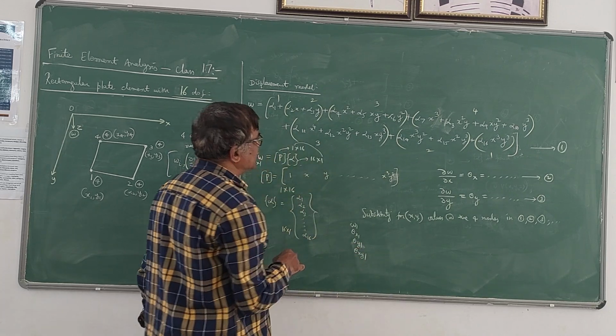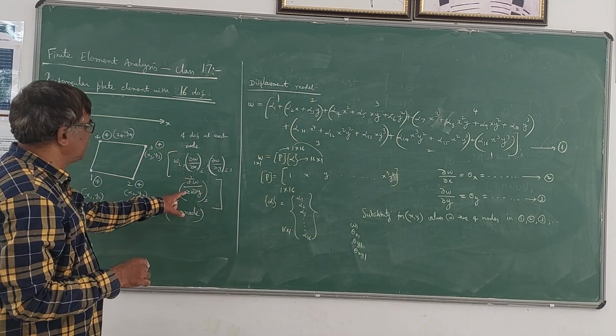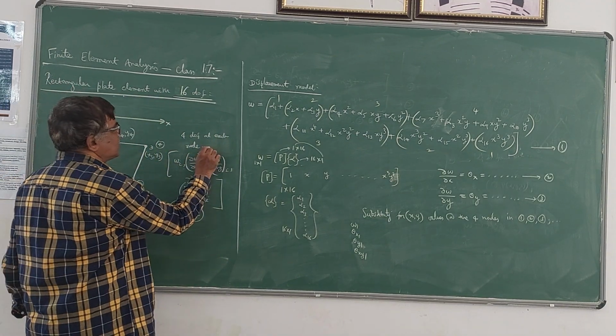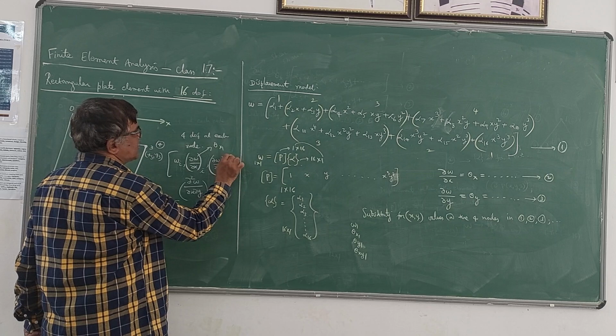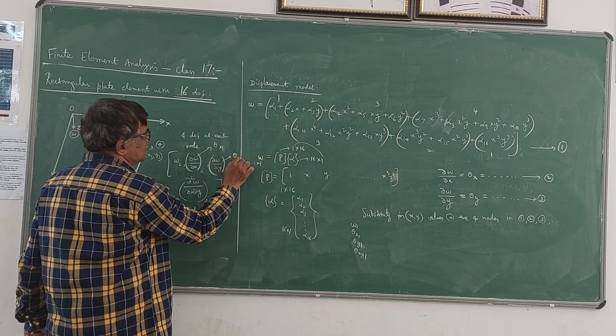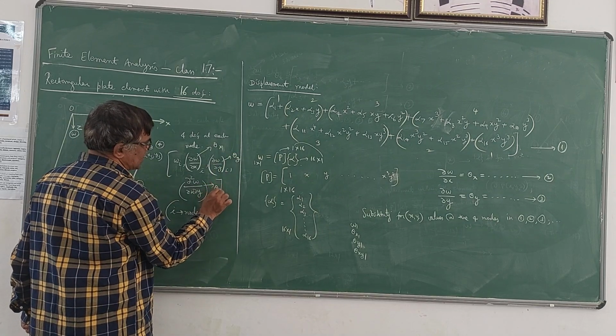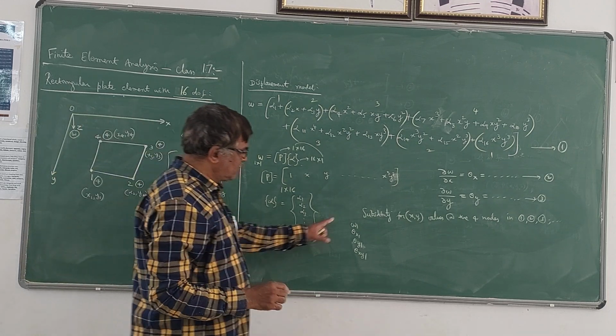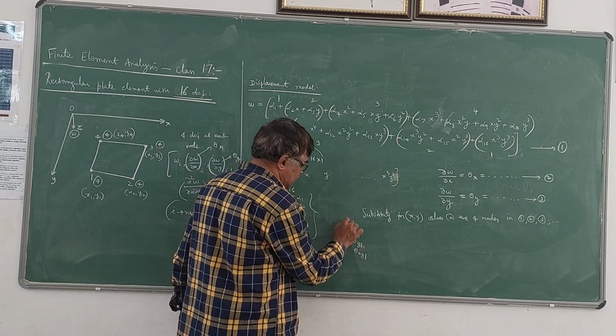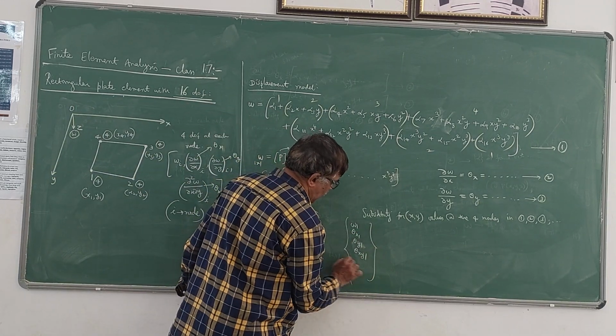So please note that this is theta xy1. So this is theta x1, this is theta x, this is theta y, this is theta xy. So there is an additional term we are going to get. So more accurate results we are going to get. This is for one node.